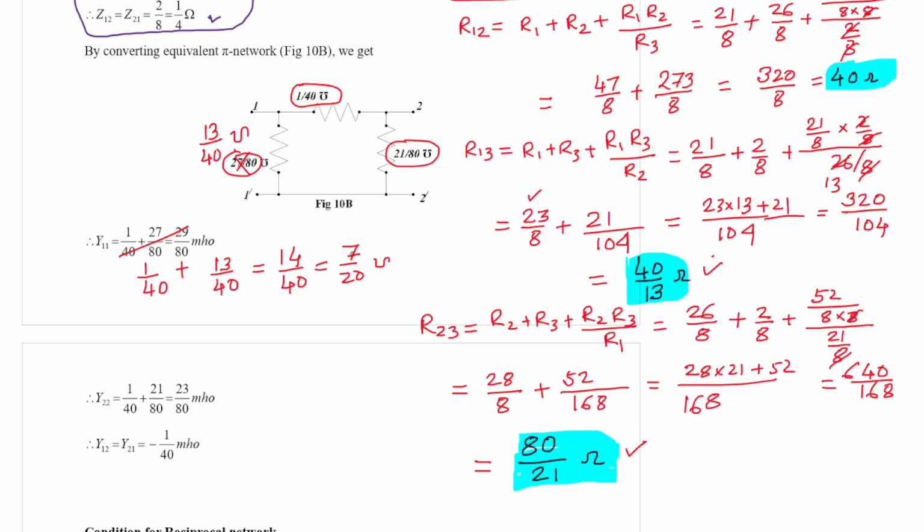Y22 is equal to 1/40 plus 21/80, so it will be 23/80. Right, this is all right. And Y12 and Y21, that will be minus 1 by 40.